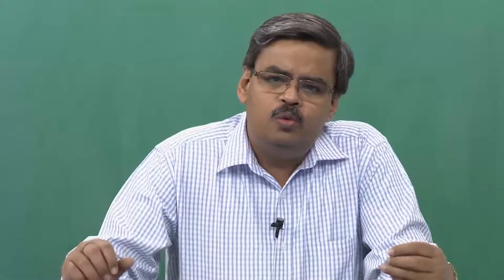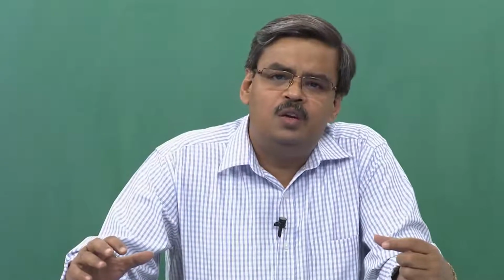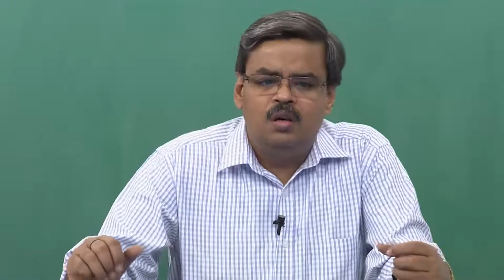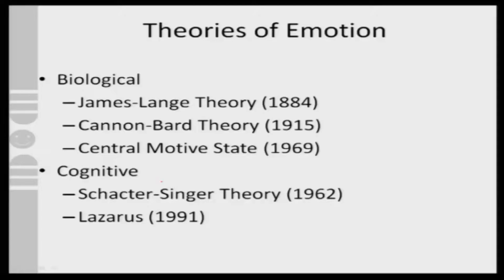We will now very succinctly try to understand the theories which have tried to explain the process of emotion. For convenience, I am dividing these theories into 2 major segments, the biological theories and the cognitive theories.